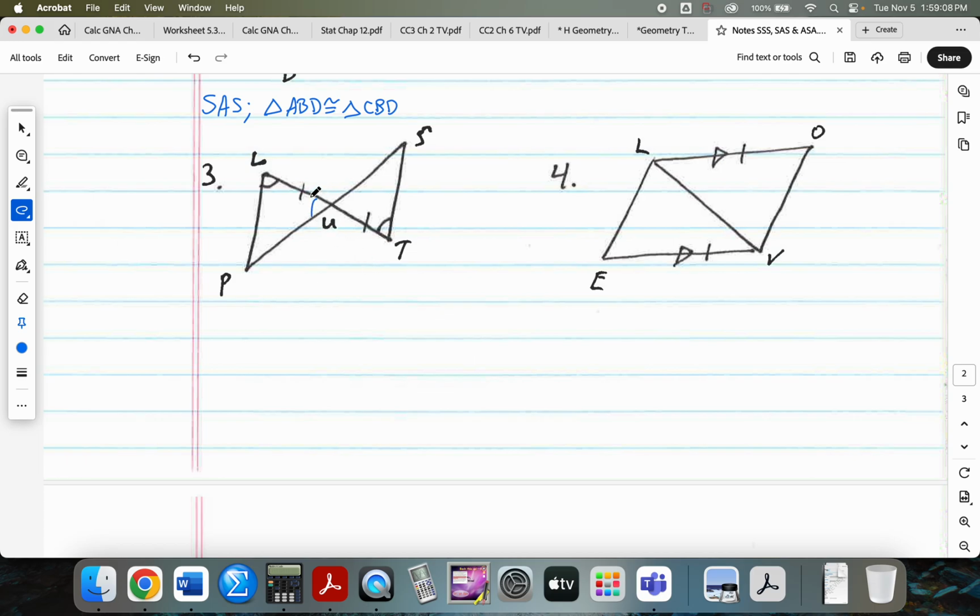We know that these two vertical angles are congruent. So now in each triangle, I always start with whatever I have the most of. I've got two angles and one side in both triangles, and in both cases the side is in between the two angles. So that's angle, side, angle.